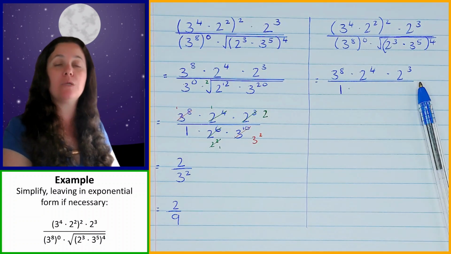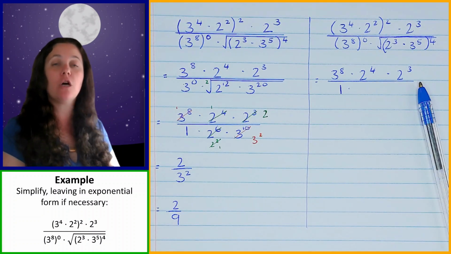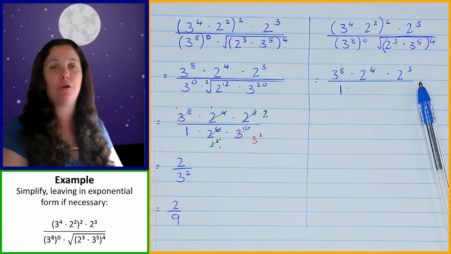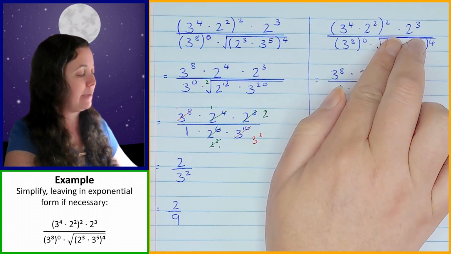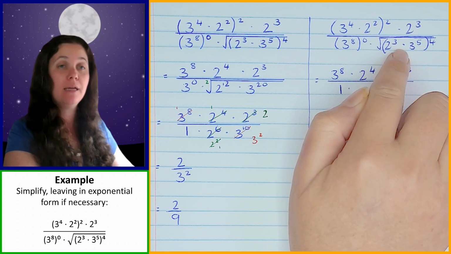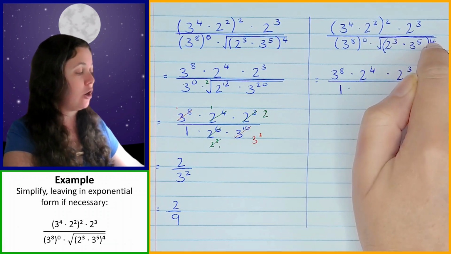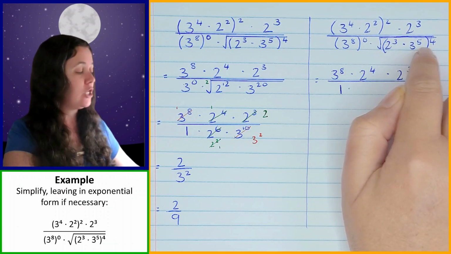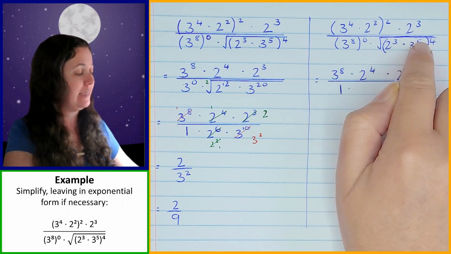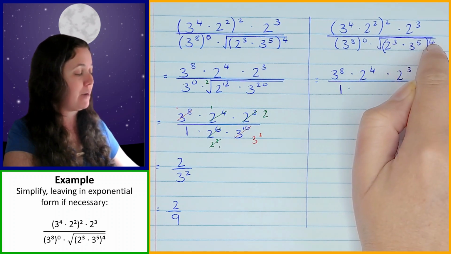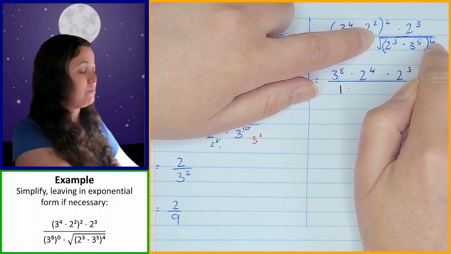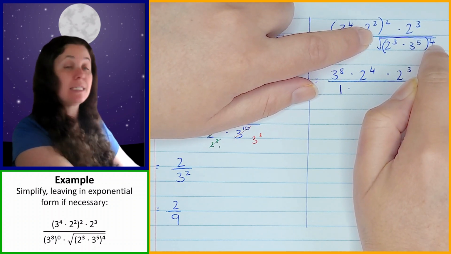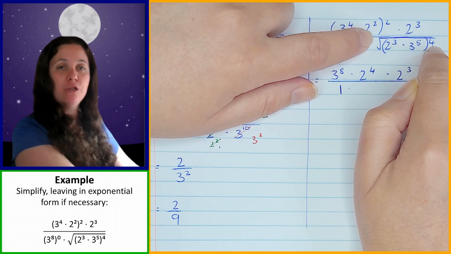Now our rule is when you are taking the root of a power, you divide the exponent by the root index. So it doesn't matter what this whole bracket is, it is the base of this power. It doesn't matter what that stuff is inside. I've got a base with a power, and I've got a root over here. So I can take this power index, or that exponent, and divide it by the root index.